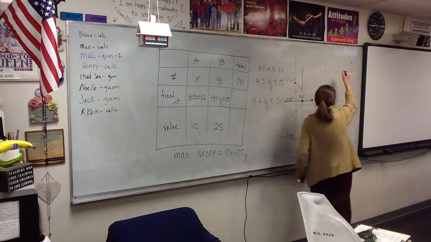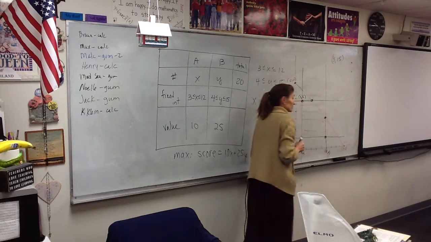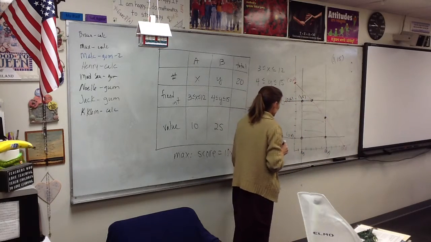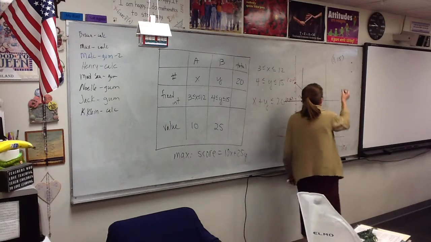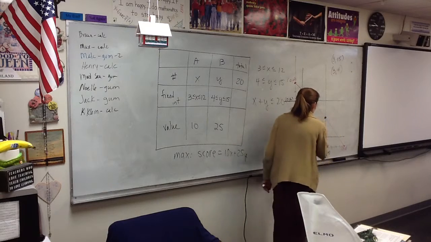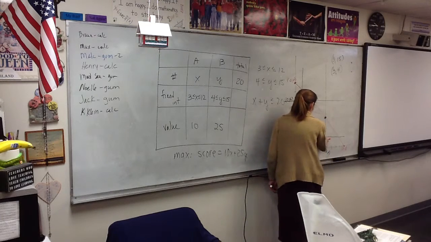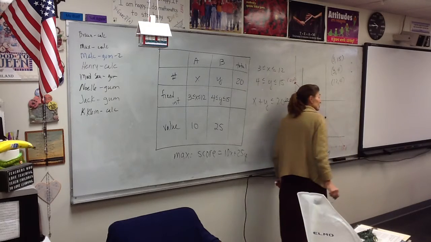So one of my points is 3, 15. How about this one? 3, 4. How about this one? 12, 4. Those are the easy ones.